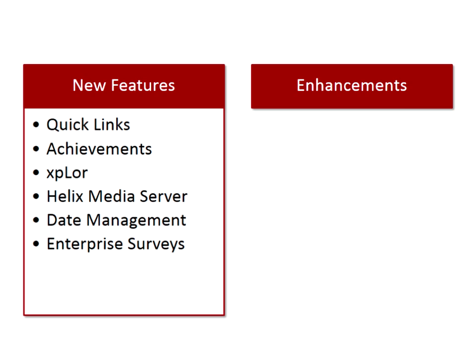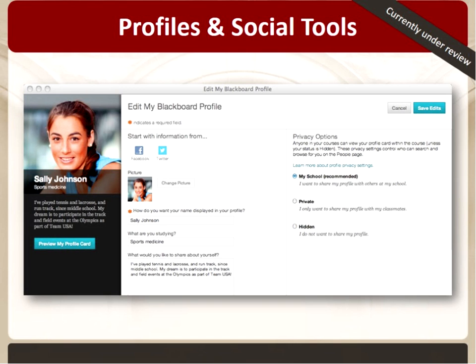Starting with the new features though, I want to highlight before we get into the brand new features from this update, this is actually a new feature from a few upgrades ago that we did not turn on here at NIU. There is a feature in Blackboard called Social Profiles and Social Tools that is being reviewed by various groups across campus to determine whether or not we're able to turn that on this time.